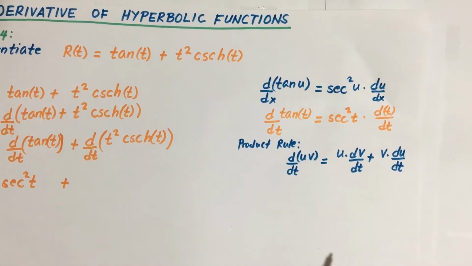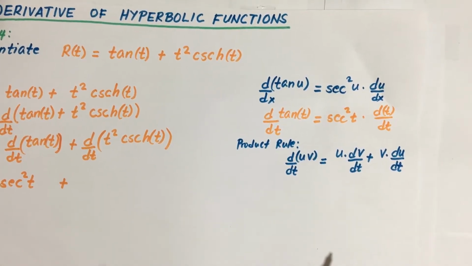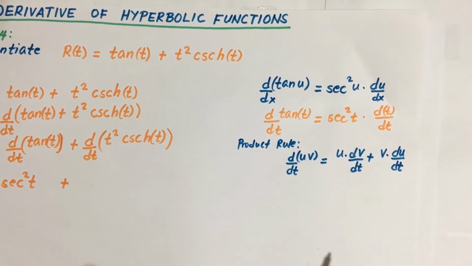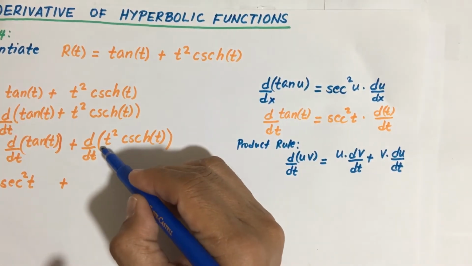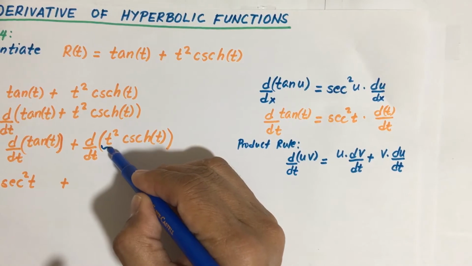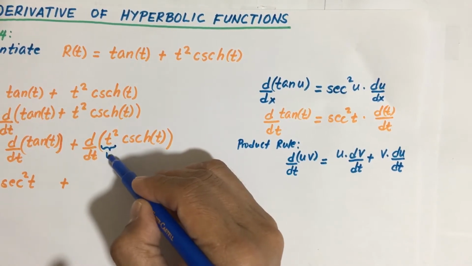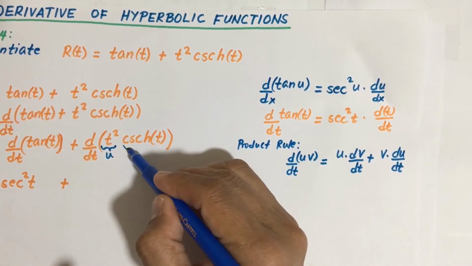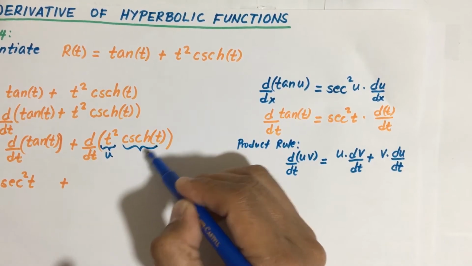Now it's a matter of finding what our u and our v are. In our given, this is our u, and this part here is our v.